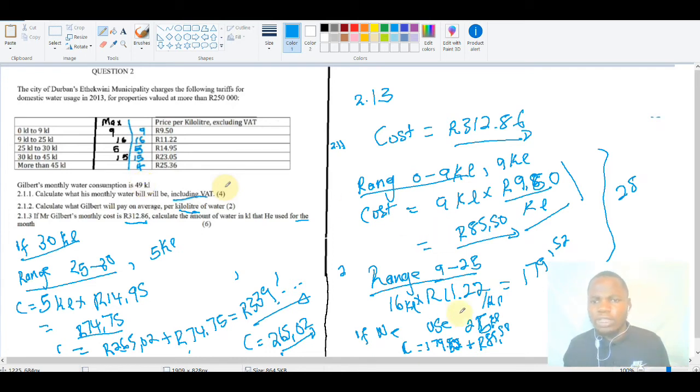How did we know that? Because if you use 25, you only pay 265 rand, and the cost that he paid was more than 265, but less than 339. So it's between 25 and 30. We don't know exactly after 25 what is there.